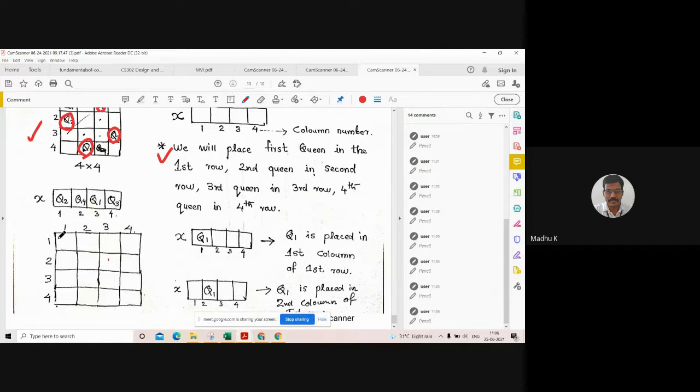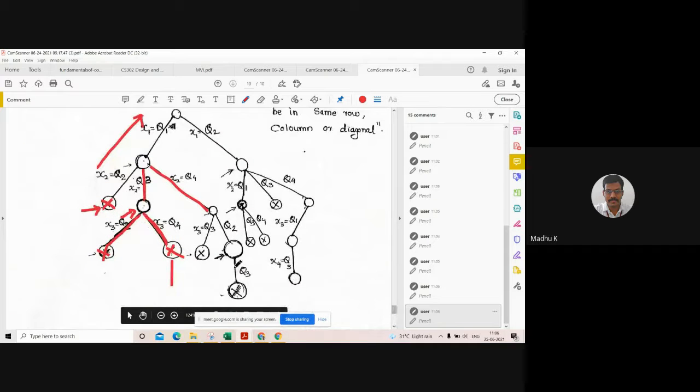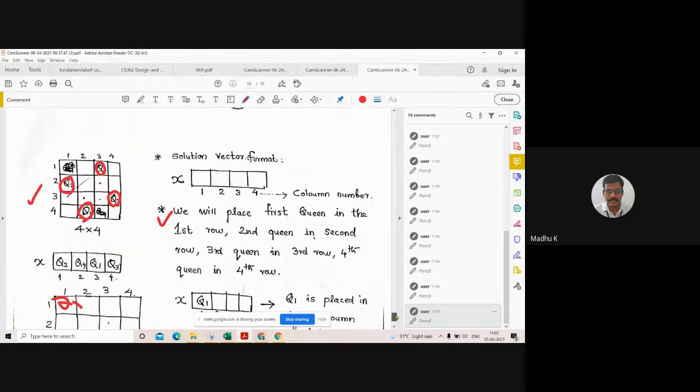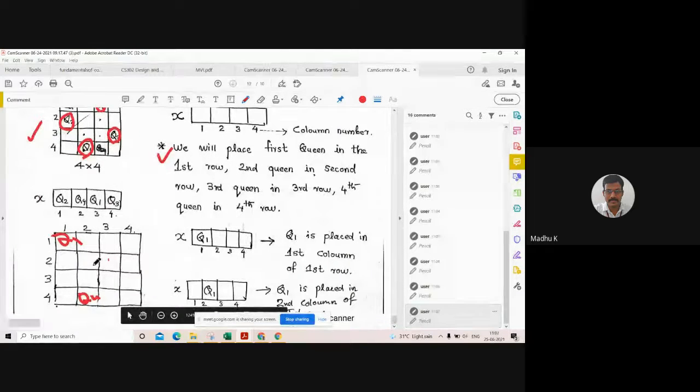So Q1 is here, then on the second column I will place Q4. Then I reach here, and in the third column I will place Q3. So Q3 will come here.